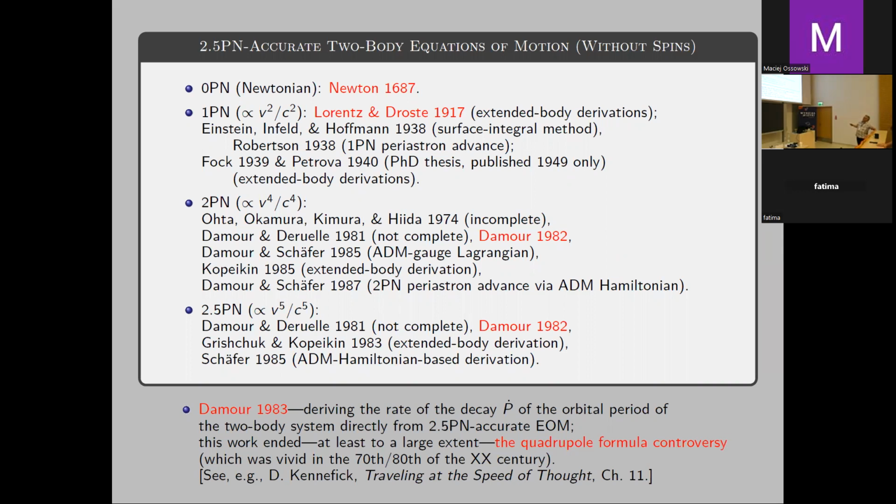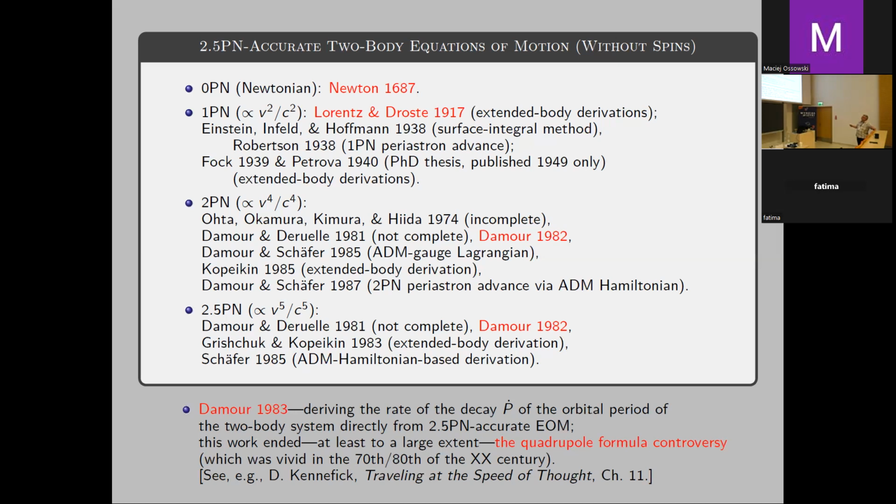So of course we have the Newtonian level. This is, as you know, the year of publishing Newton's Principia. Then we have the first PN correction, already made by Lorentz and Droste in 1917. But then, many years later, we have the 2PN correction to the Newtonian motion.